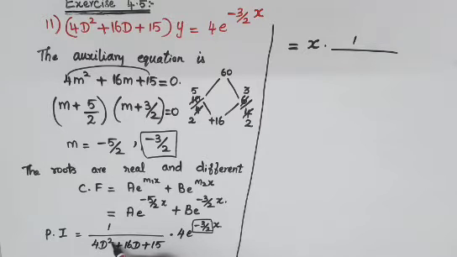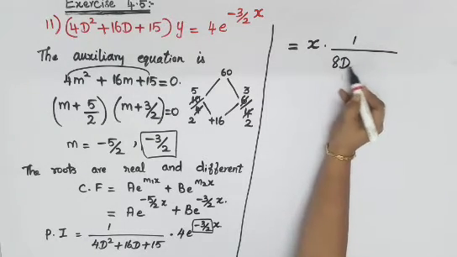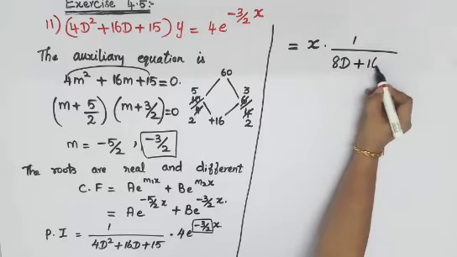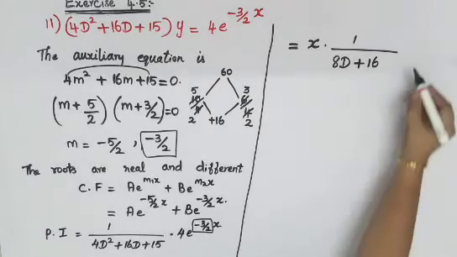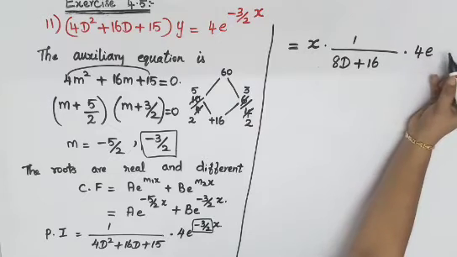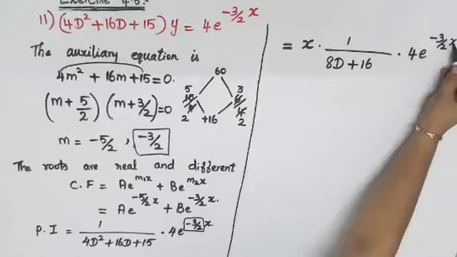4D²: if you differentiate D², you will get 2D, but 4 is there, so 4 into 2D becomes 8D. Then plus 16D, when you differentiate, you will get 16. Then plus 15 is a constant, so when differentiating it becomes 0. So this is your differential, into 4e^(-3/2 x).